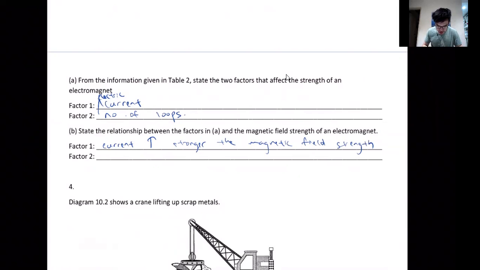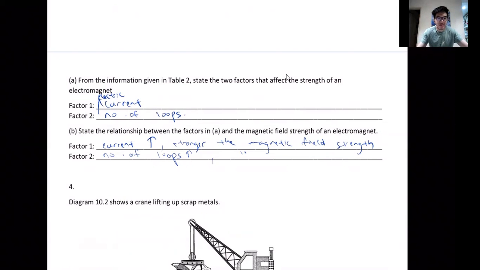Okay, so I'm just going to put current increase. So same thing for factor 2. So the higher the number of loops, okay, same thing, the stronger the magnetic field strength. Okay, so if you want your electromagnet very strong, you would give more turns to it and you would give it more current.